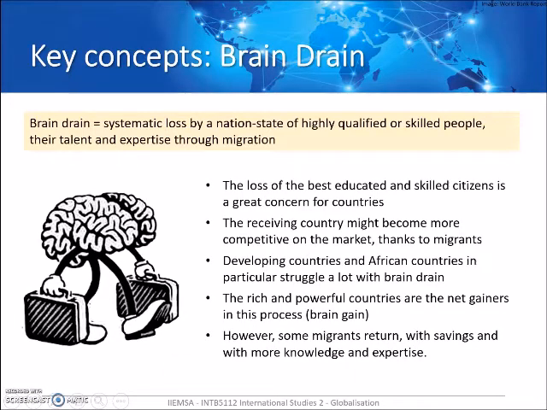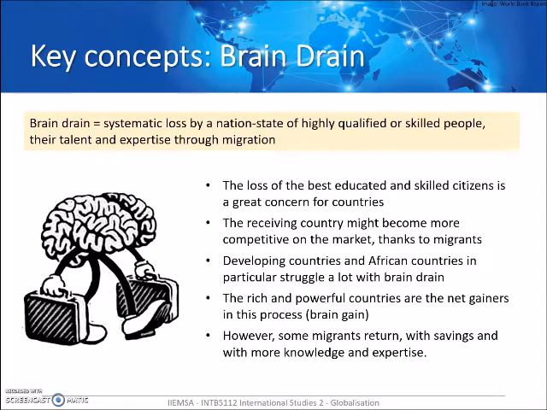So it really is the loss of the best educated and skilled citizens, and it is a great concern for countries. On the other hand, obviously the receiving country, for them it's an advantage, right? Because of these highly qualified and skilled people that come into the country, it might actually become more competitive on the market, thanks to the migrants, right?